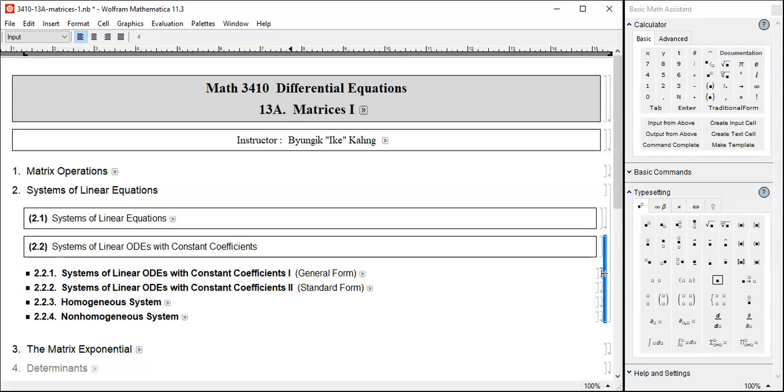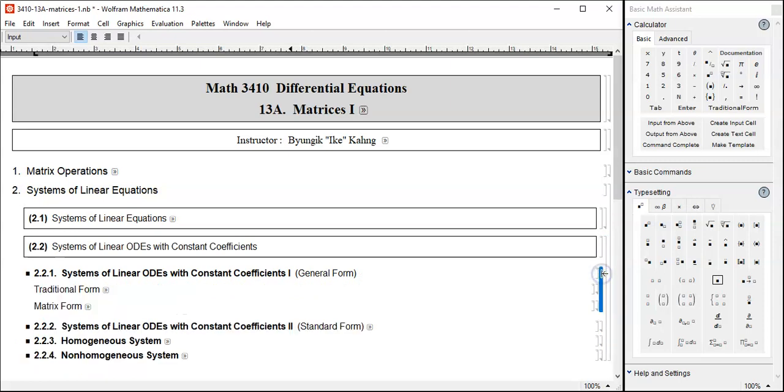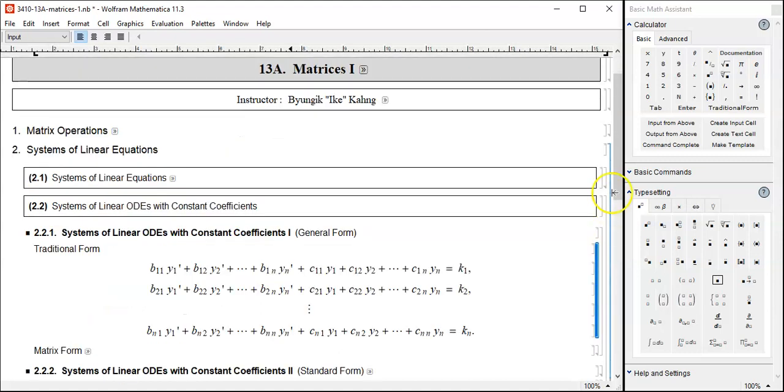Let's use those to study systems of linear ordinary differential equations. Here's the general form of a system of linear ODE with constant coefficients. So we have the derivative functions, y1 prime, y2 prime, and so on. There are n functions, y1 through yn, so we have n first derivatives, they're all here.